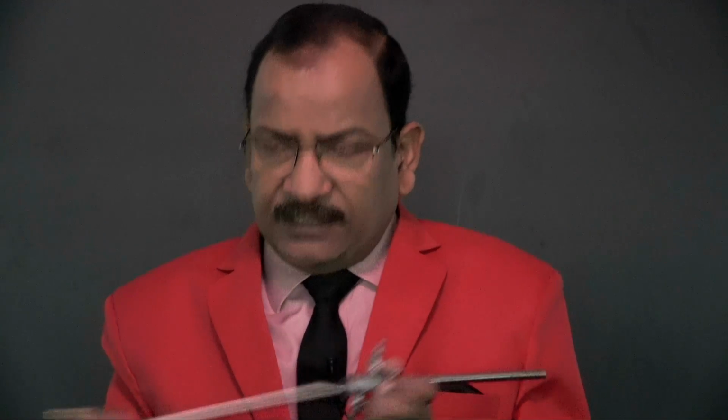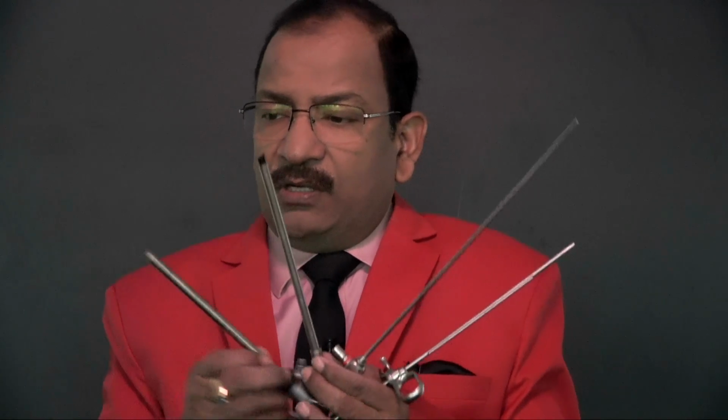After that, you have one inner sheath and this is the outer sheath. And the last part is the telescope. The telescope is the same here also, 4 mm, 30 degree telescope. So 1, 2, 3, 4 and 5.